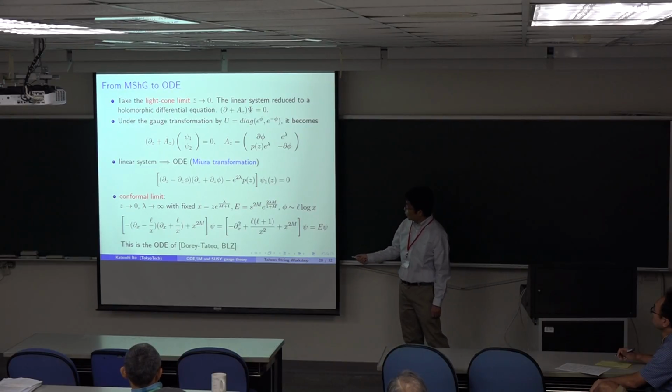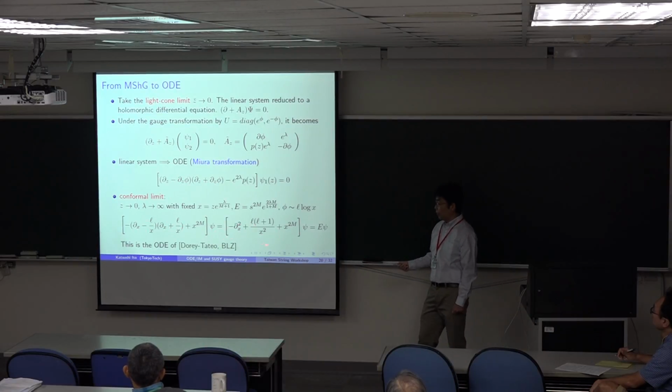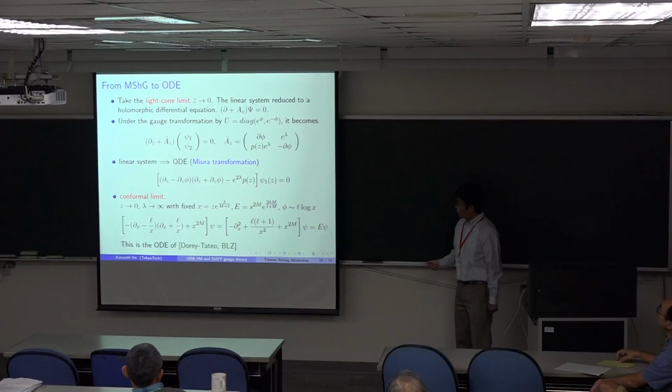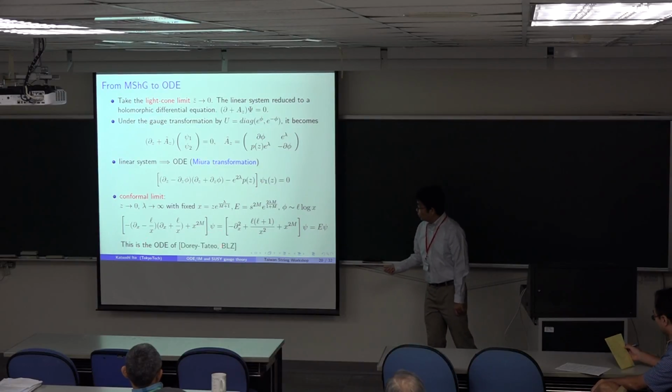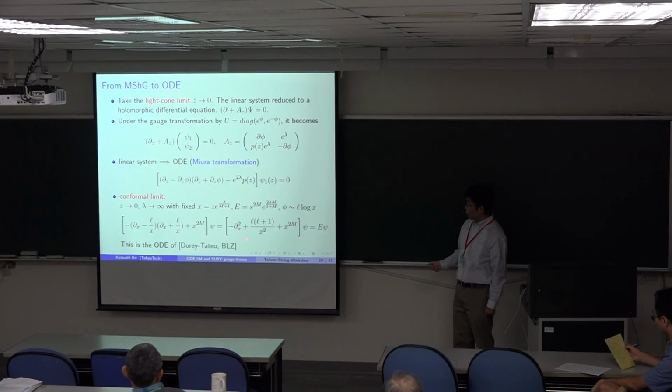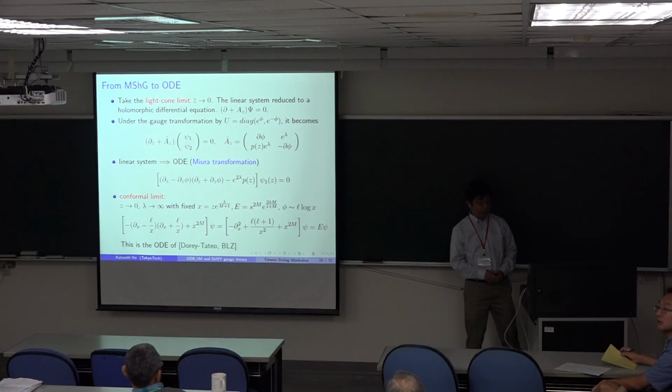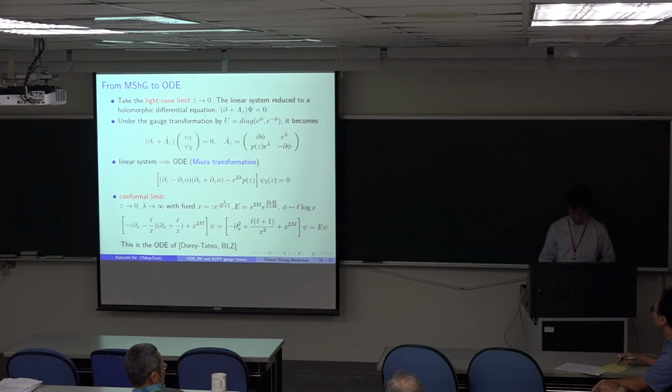So that means that this linear system ODE is going to become the ordinary differential equation with a potential and with an argument sector. This is exactly the same ordinary differential equation that was considered by Dorey and Tateo. Okay.